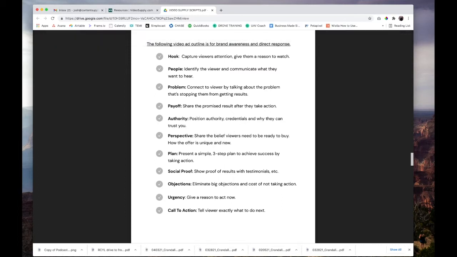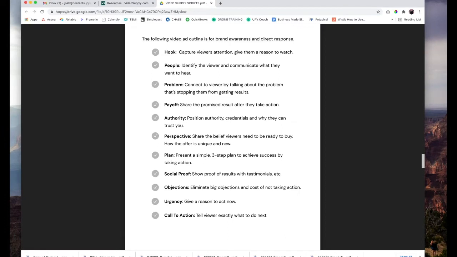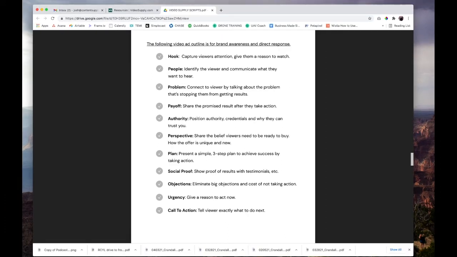The first segment is hook, which we'll talk about in a second. We wrote out the hook, the people, the problem. Then there are other areas like social proof or urgency, which are a little more marketing and sales related, and we eliminated those.